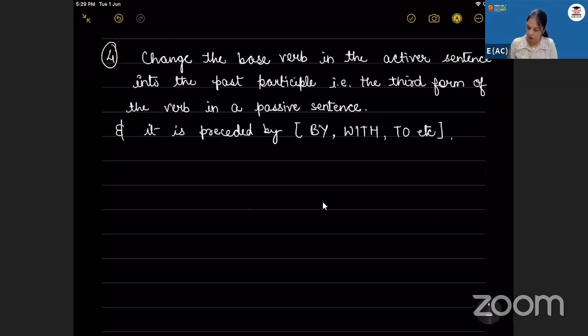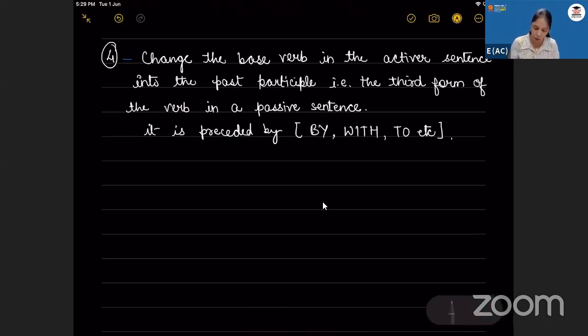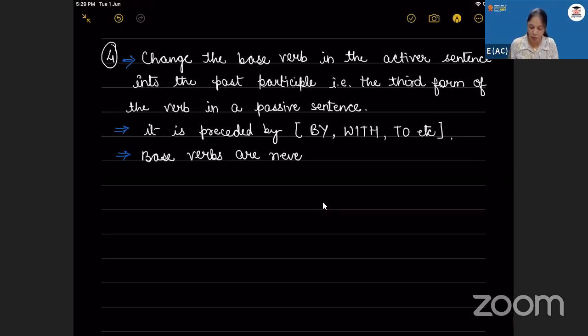The next thing to remember is that we mentioned 3 important things here. Always we use the third form of the verb. In the 4th rule, there are 3 parts. It is preceded by with, it or to, and the third important thing is that base verbs, the first form of the verbs, are never used in passive voice sentences.